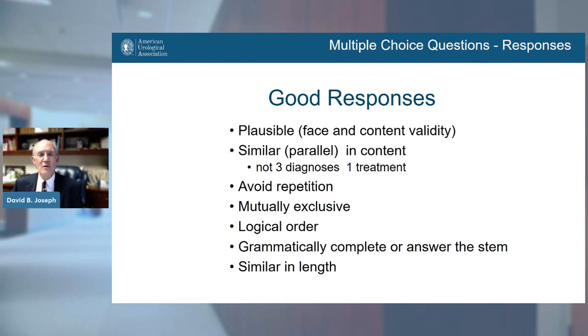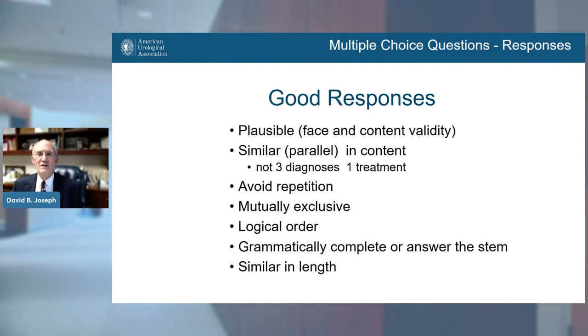You want to avoid repetition between your responses. You want to make sure that they are mutually exclusive, and this becomes a problem that's most often seen when you're trying to identify percentages. There's also a logical process that you want to follow when you're presenting your responses, going from the least to the most, either invasive or complex, because that's the way your mind works.